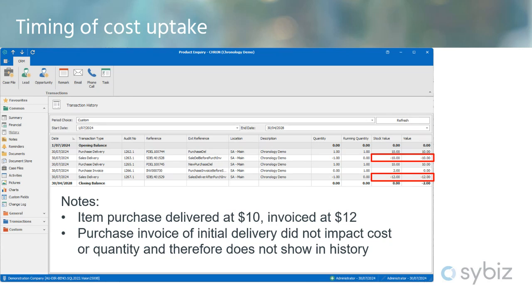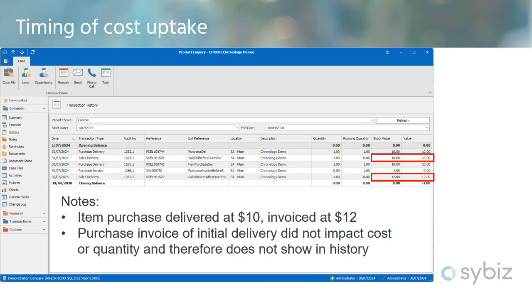So keeping the examples reasonably high level and simplistic, hopefully that's enough to reinforce the concept, even though it can be a bit of a head scratcher. And just to reiterate as well, the purchase invoice of the initial delivery had no impact on the cost or the quantity, so it doesn't show in the history because it actually hasn't posted anything.